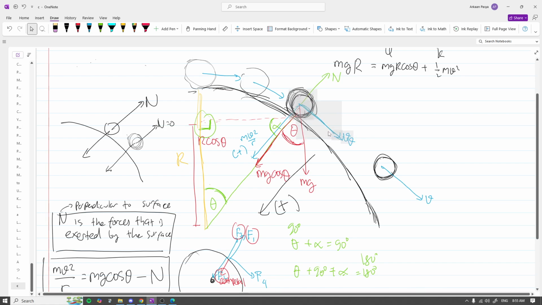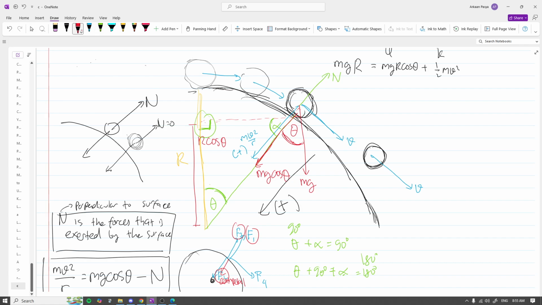When it leaves the hemisphere, it has no reason for the velocity to change, because the velocity is always tangent to the hemisphere.